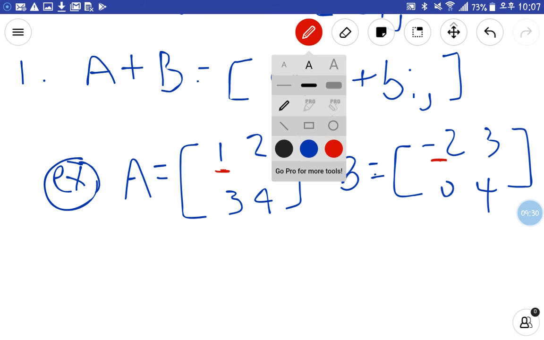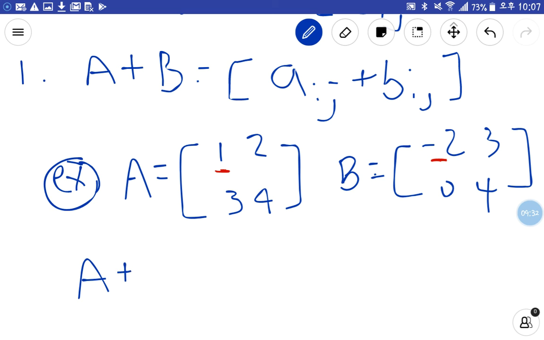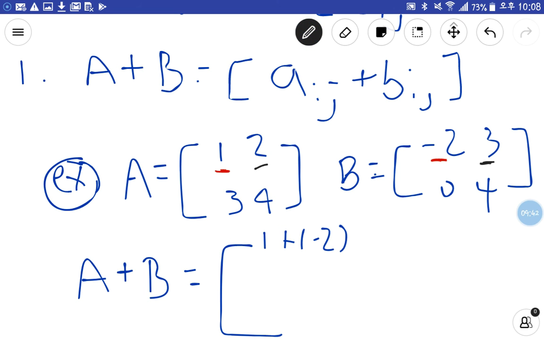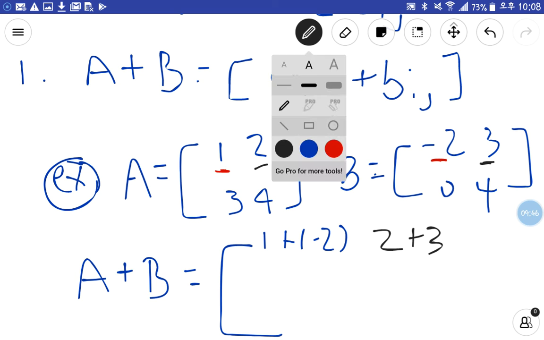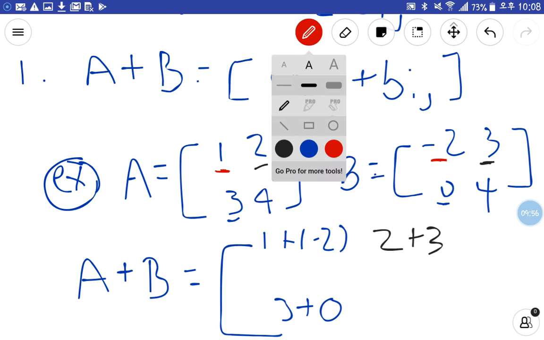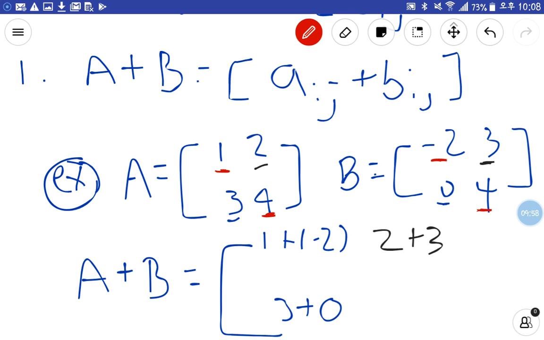So my A plus B can be written like that. 1 plus -2, same locations. And what is next? I have 2 and 3, it's going to be right here: 2 plus 3. Now I have 3 and 0, it's going to go here because it's second row and first column. Now my last one, 4 plus 4.